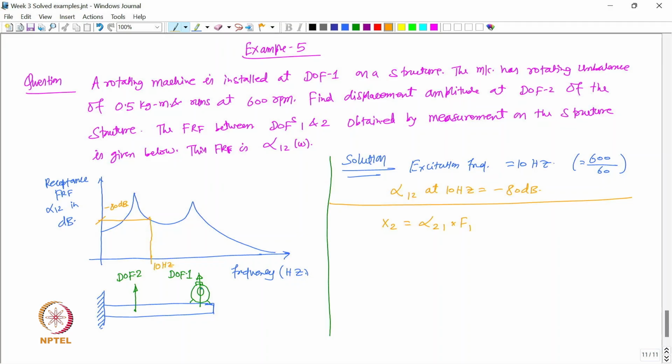There is a reciprocity relationship, right, for a linear system, the reciprocity principle is applicable. Alpha jk is equal to alpha kj, which basically means that the FRF matrix is symmetric.